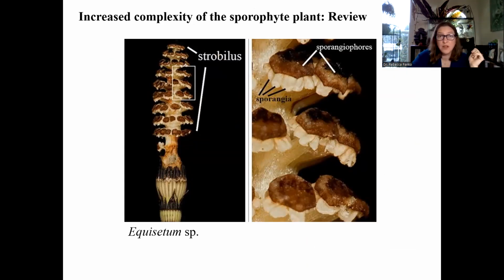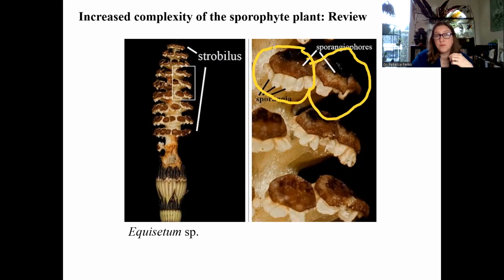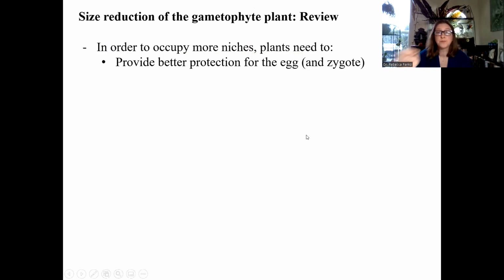Instead of leaves, it has these things called sporangiophores on it. They kind of look like mushrooms. Here is 1 sporangiophore, and here's another. Underneath the sporangiophore, attached to it, are up to like 20 sporangia. Way more than 1 per leaf, but much better.